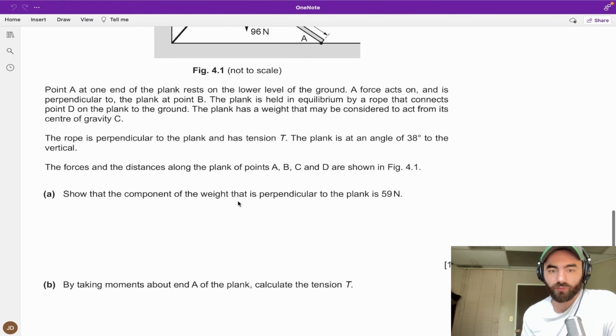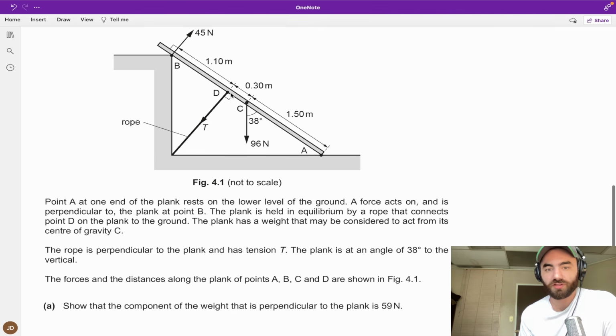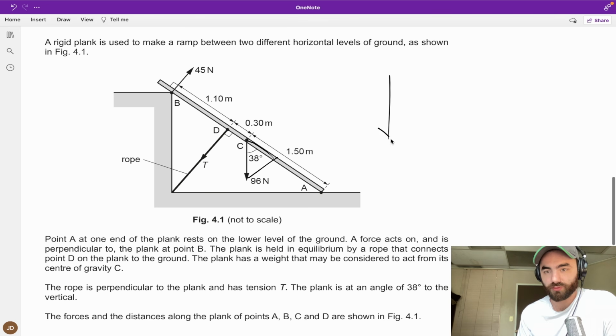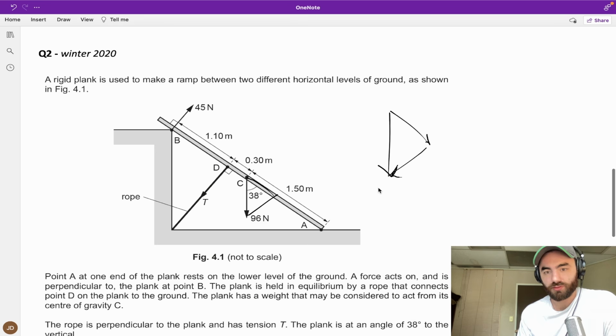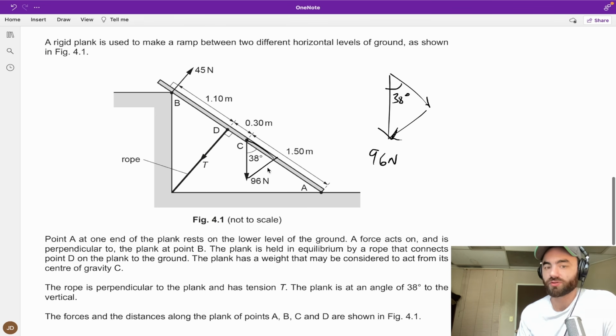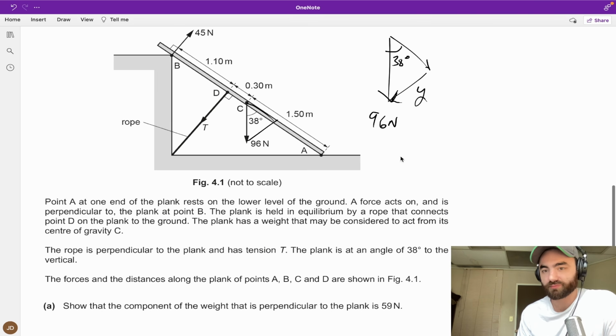The question says: show that the component of the weight perpendicular to the plank is 59 newtons. So it wants us to find this perpendicular component of the weight. You can split this up into a triangle. This is 96 newtons, this is 38 degrees, and you have to do this all the time within these torque questions. Let's call this component y.